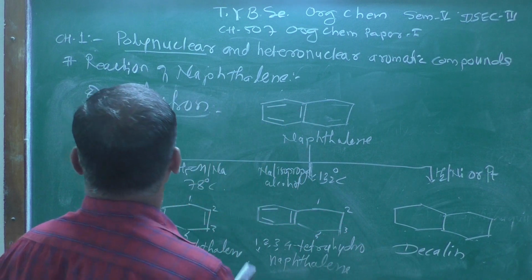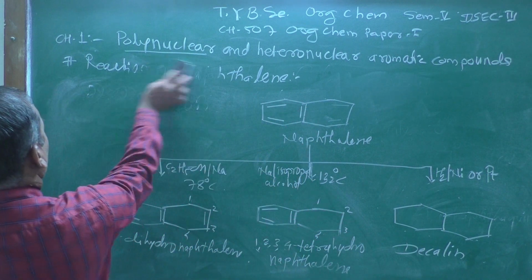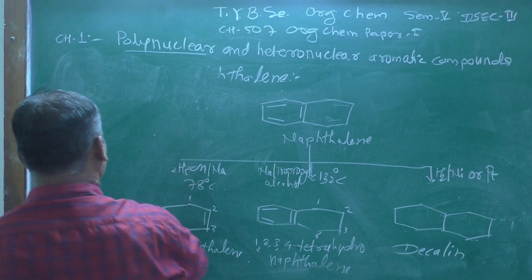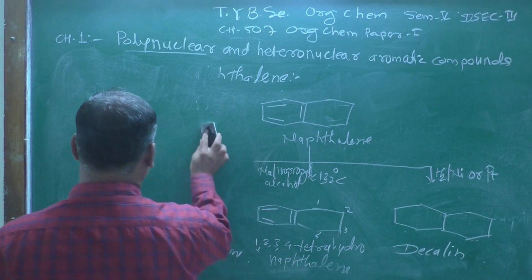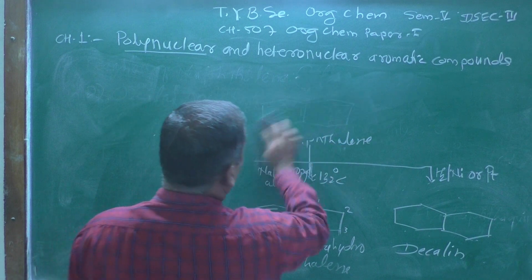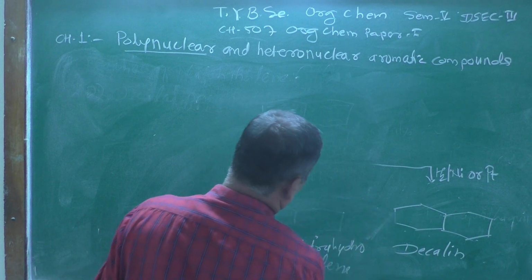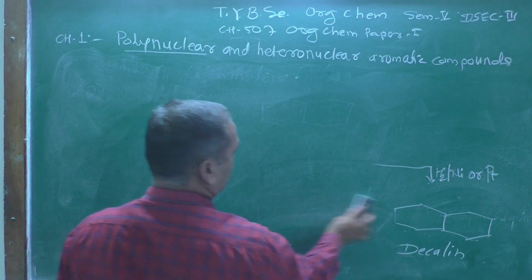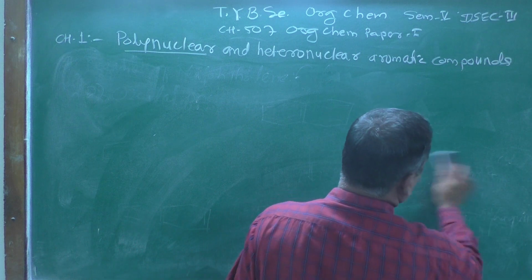Today we are going to discuss the next polynuclear compound, which is anthracene.